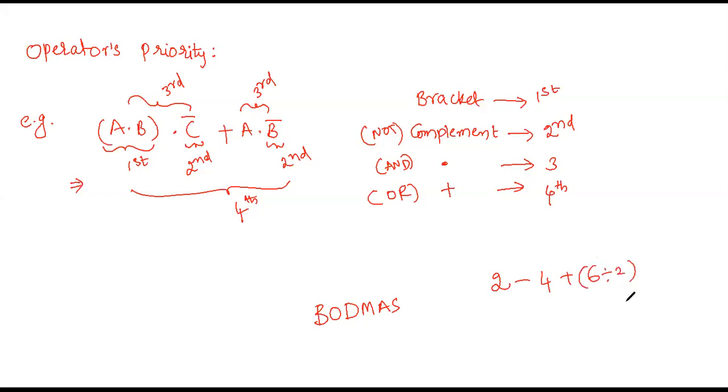So which one to give the first priority and which one to give the last priority? Multiplication, we keep the multiplication. Now 2 minus 4 into 6 divided by 2. Which one to consider first?